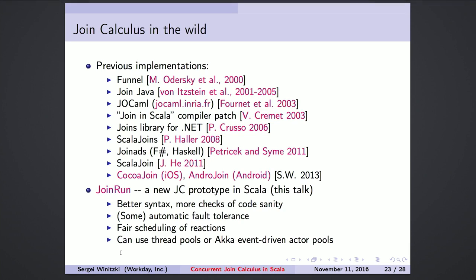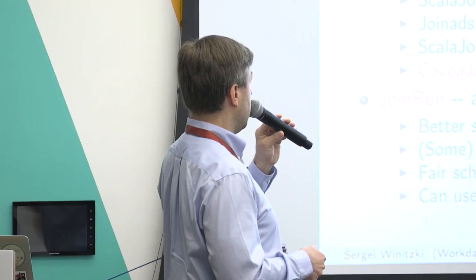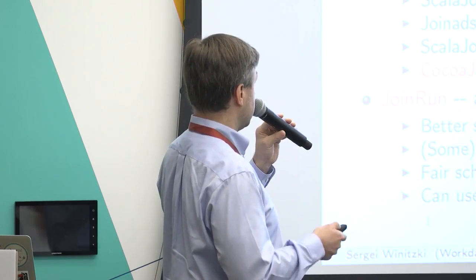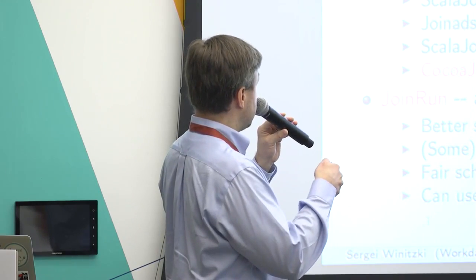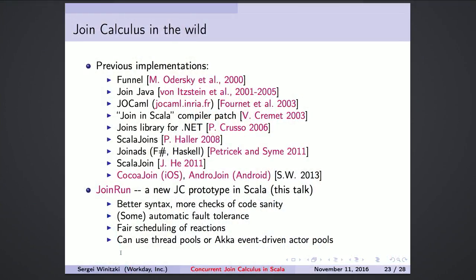These are all the things I found on the web, implementations of joint calculus. Now, this is a dead language, this patch to the Java compiler, dead after this time. JoCaml is alive, but how many of you use OCaml?